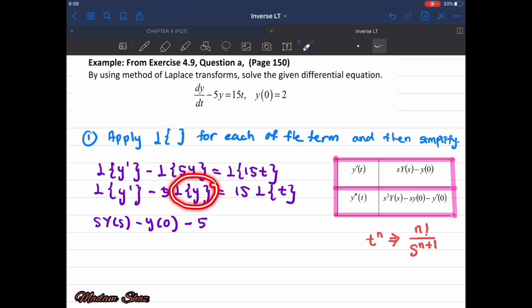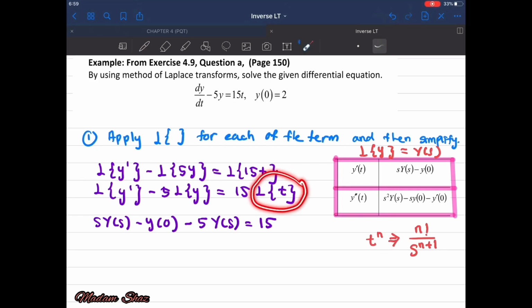This one is not given in the table of the Laplace transform, whereby you need to remember that Laplace of y is equal to Y(s). So Laplace of y here will become Y(s), equal to 15 Laplace of t. By referring to the table, t to the power of n will become n factorial over s to the n plus 1. For this one, our n is equal to 1.